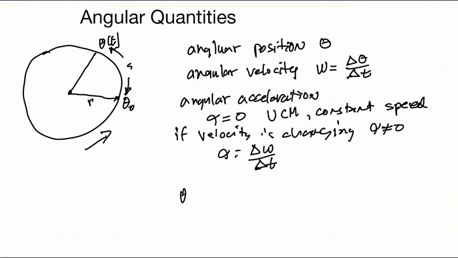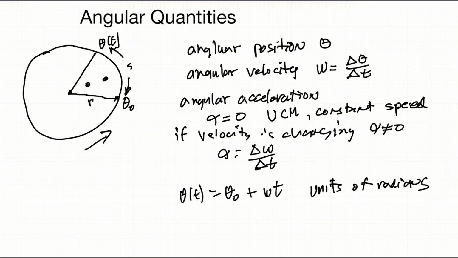So one equation, if we want to write the angular position, is going to be where we start at plus this angular velocity times time, and that's going to be in units of radians. And one thing to notice is depending on where you're at on the wheel, like you're there or there, your angular velocity is still the same.